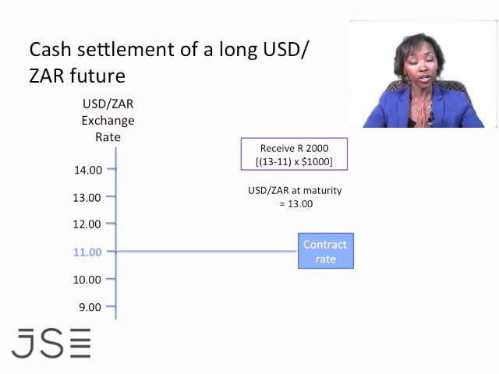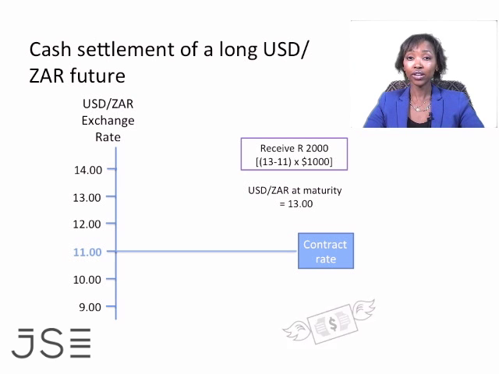One contract is equivalent to $1,000. So 2 times 1,000, that's 2,000 rands. So the net difference is 2 rands times 1,000, which gives you a net cash settlement of 2,000 rands. So you will receive 2,000 rands.